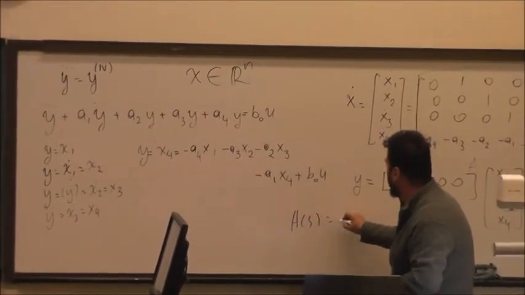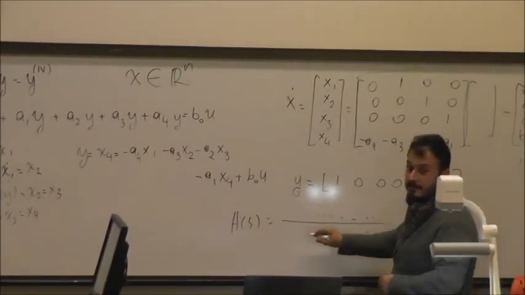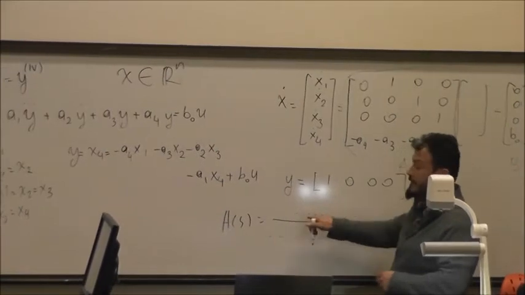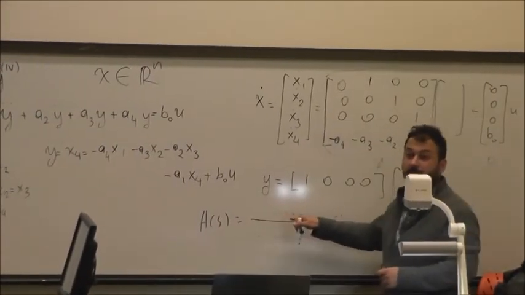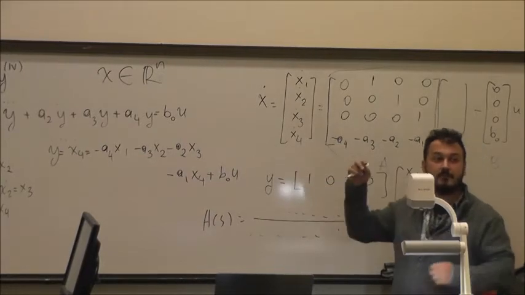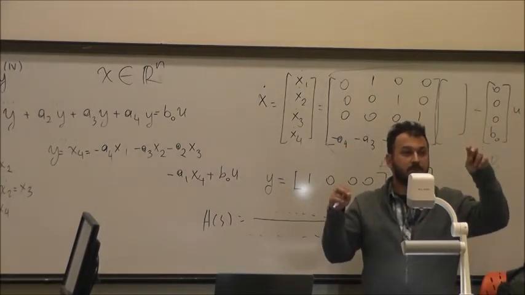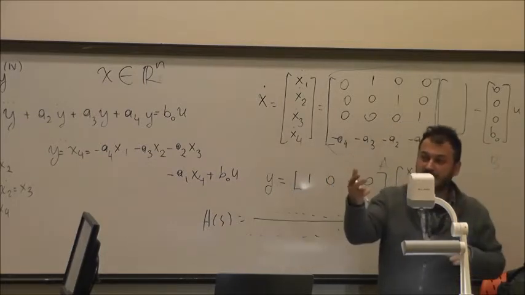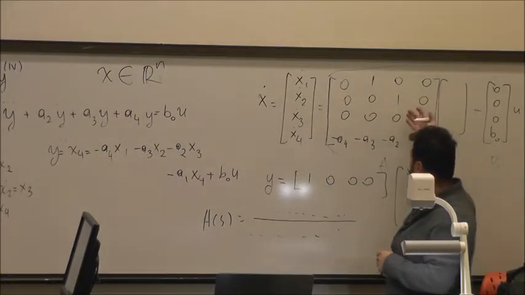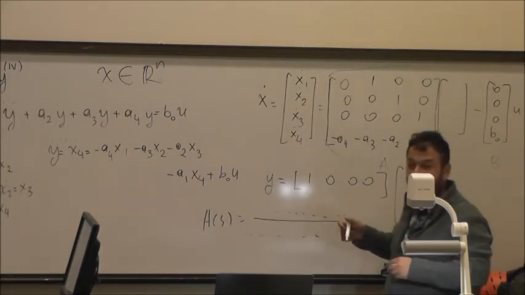Now a couple of numbers here, a couple of numbers here, so it will be the coefficients, which are zeros and poles. Those coefficients will give you the A matrix, B matrix, and C matrix. Alright.